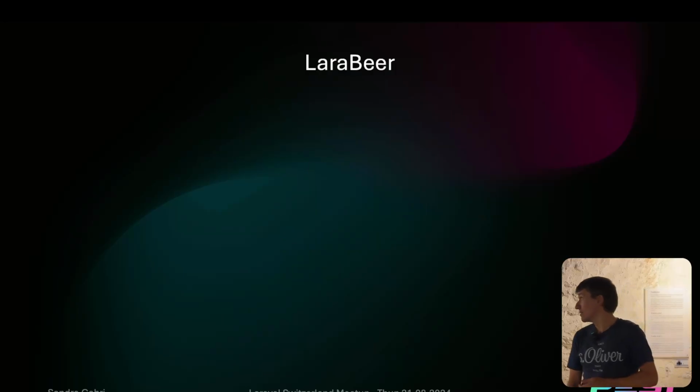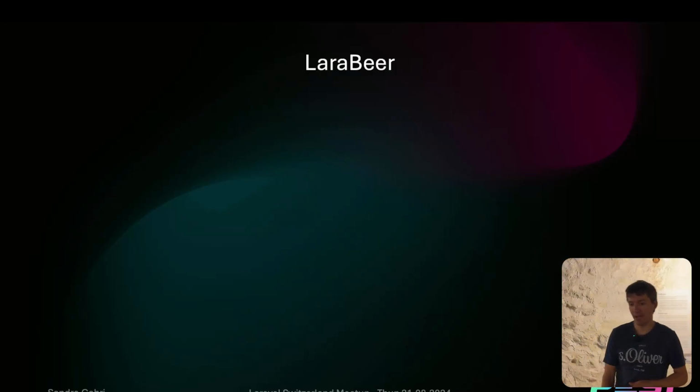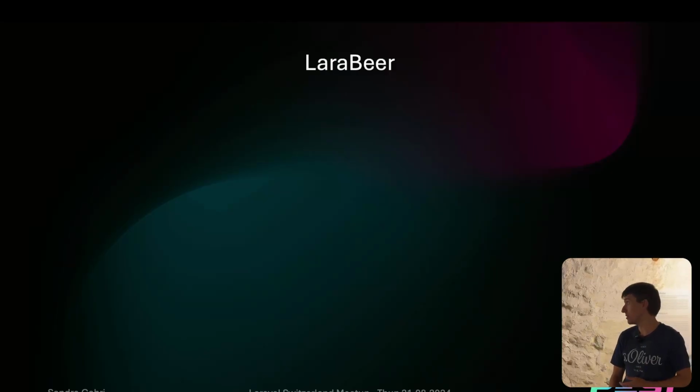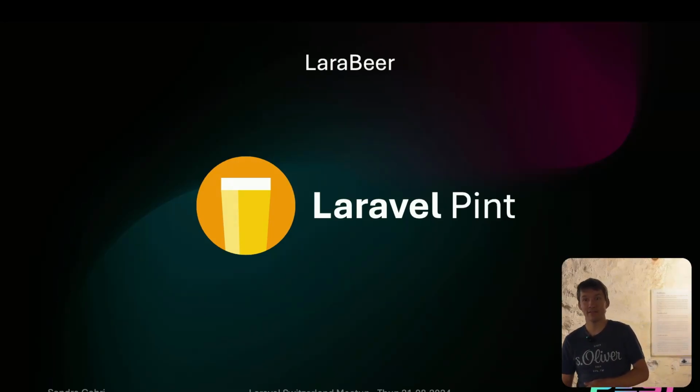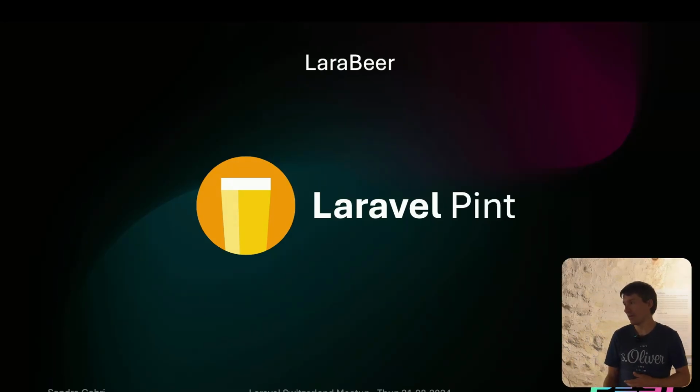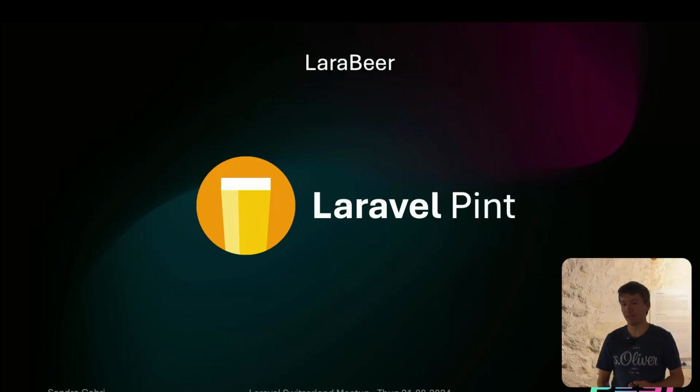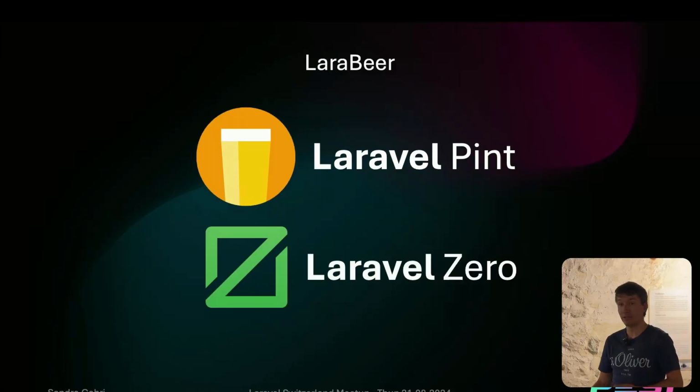But before we can start, we need some common ground. Imagine we have a company called Laravel. They start selling their first product. It's obviously Laravel Pint. And as we live in a modern world, not everybody drinks alcohol, so they have another beer called Laravel Zero.